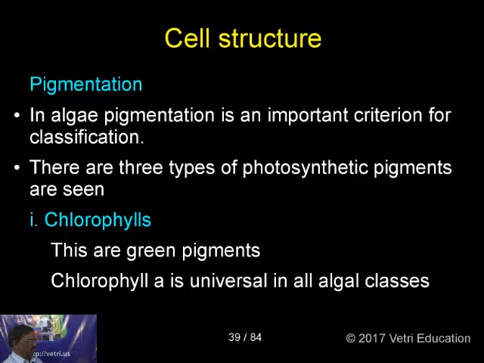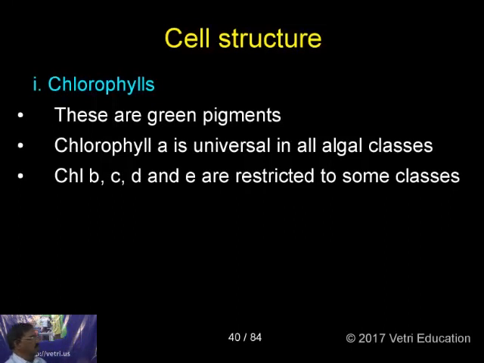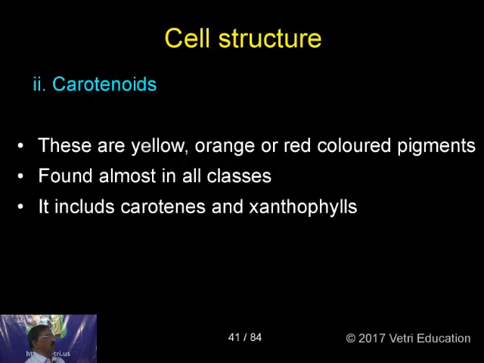Chlorophylls are green in color, a universal pigment you can find in all groups of algae. In these chlorophylls, chlorophyll A is universal, and chlorophyll B, C, D and E are restricted to some classes of algae. Second one is carotenoids.